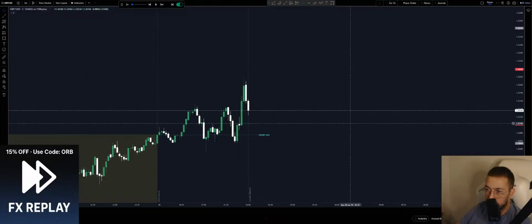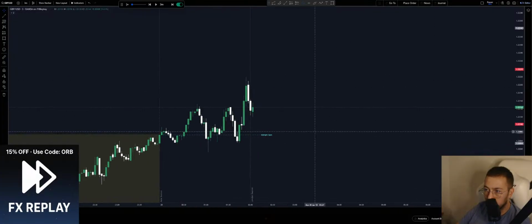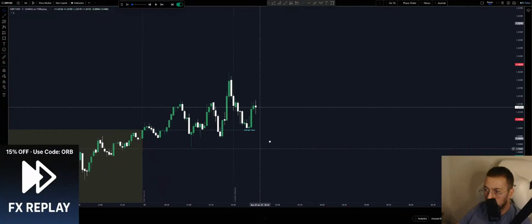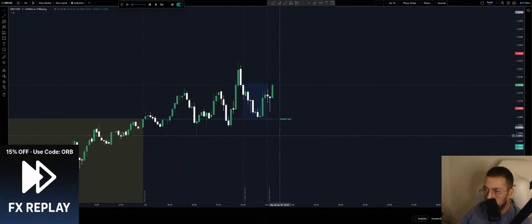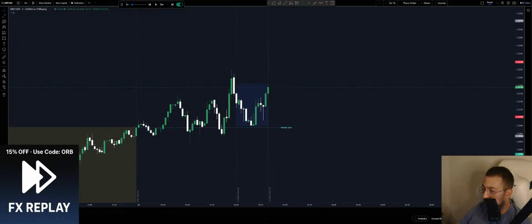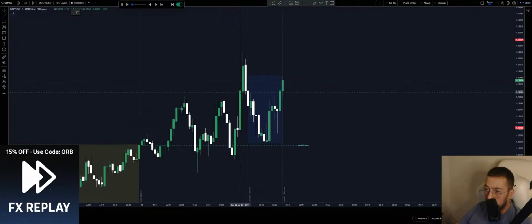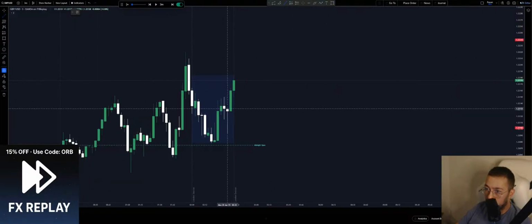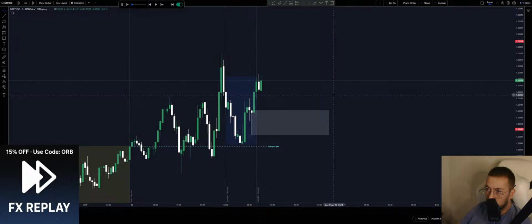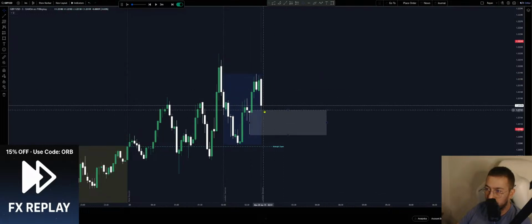Our overall structure is bullish. Bit of consolidation here. So yeah, we are bullish. That is our demand zone. The price retested that zone.